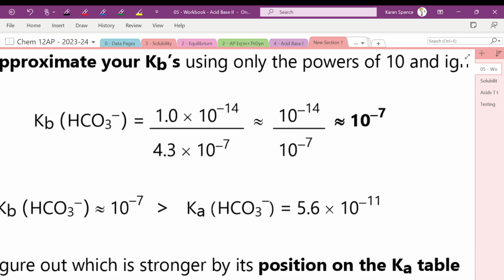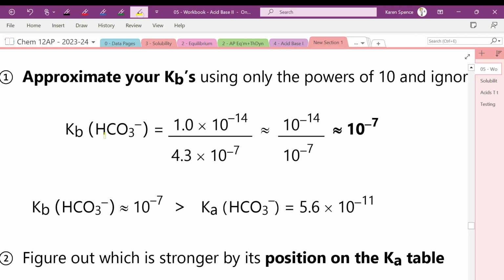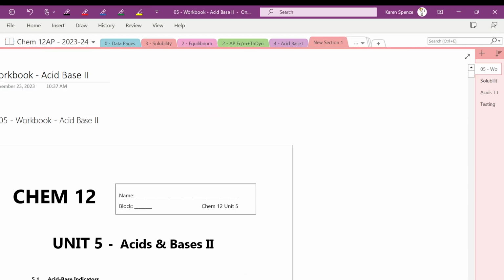Here I have Kb of HCO3, 10 to the negative 14 divided by 4.3 times 10 to the negative 7. If I just take 10 to the negative 14 over 10 to the negative 7, we get 10 to the negative 7, which is greater than the Ka, which is 10 to the negative 11. Good? Okay. Or you can just eyeball it like we were talking about before.